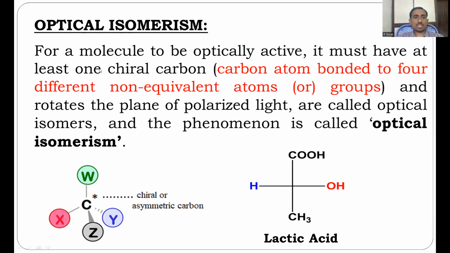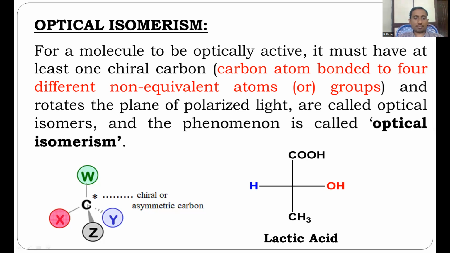An optically active chiral carbon rotates the plane of polarized light either to the left or right, depending upon the groups present at the chiral center. This phenomenon is known as optical isomerism.